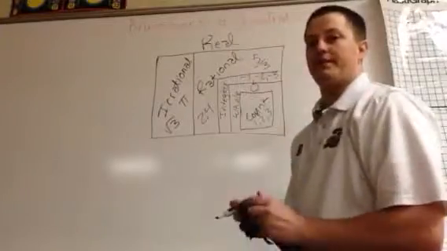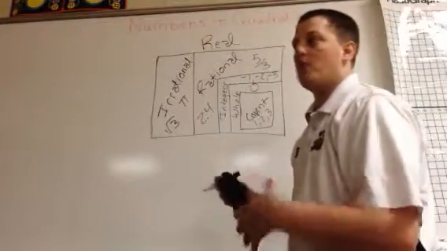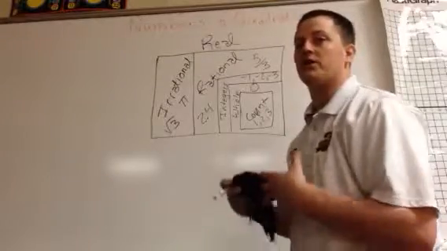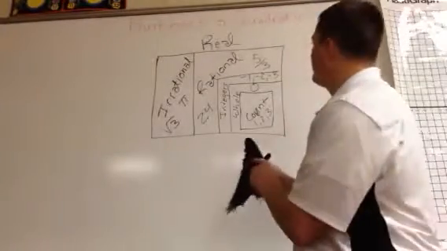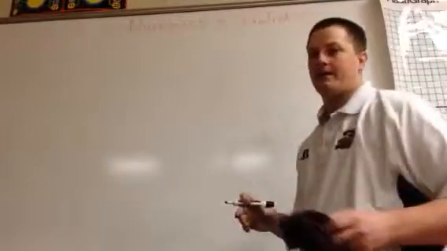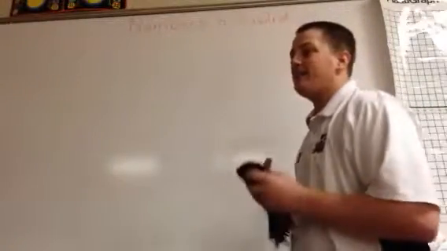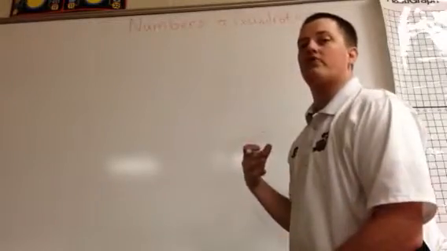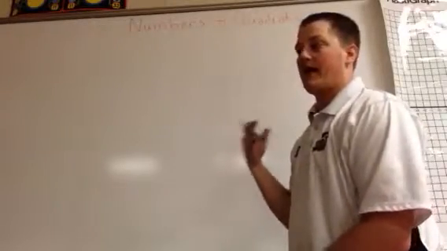Now that we know what the number system is, we're going to take a closer look at quadratics and how these numbers are used within quadratics. A quadratic is any equation or function where squaring is the highest exponent.